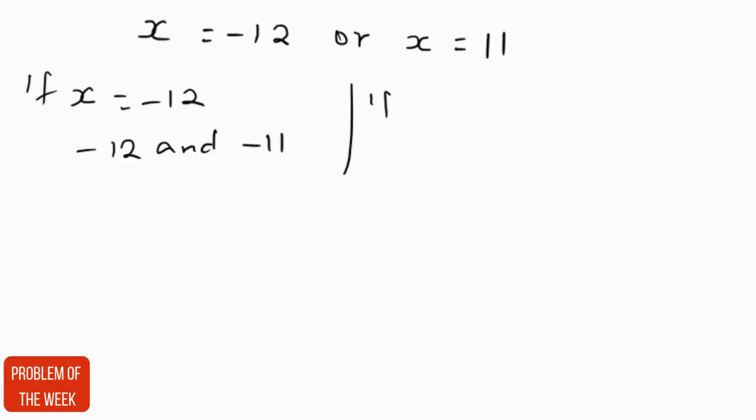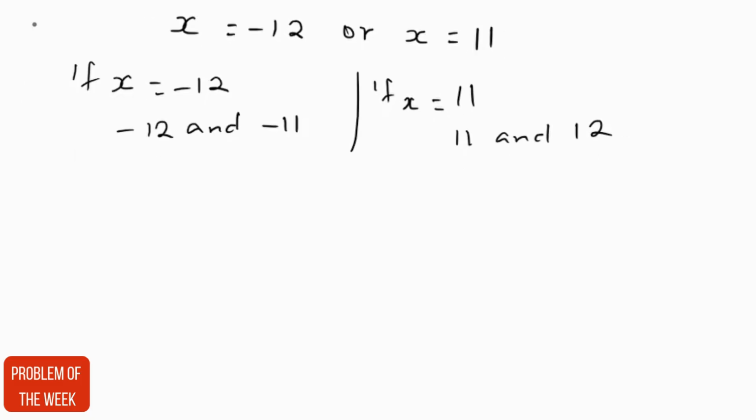And if x is equal to 11, our two consecutive numbers will be 11 and 12. So our final answer is minus 12 and minus 11, or 11 and 12.